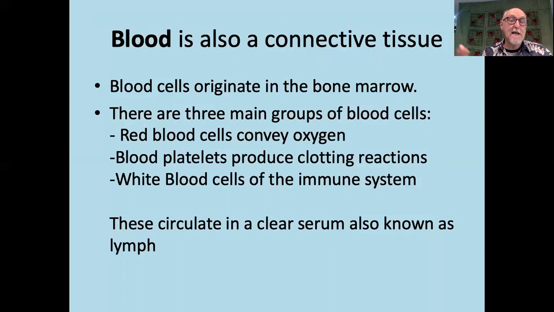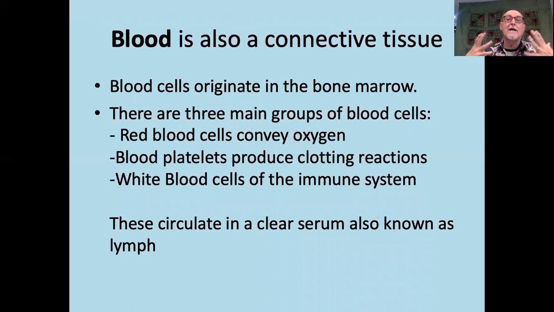We're going to see later on some more features, especially when we talk about the immune system. The blood cells all originate in the bone marrow, and then they go into circulation in the body. And they circulate in a fluid. That fluid is a complex solution of salts, proteins, and various other components.